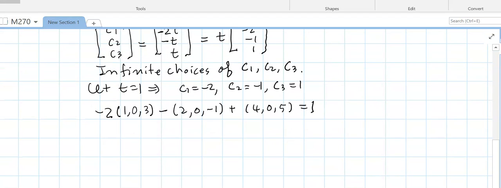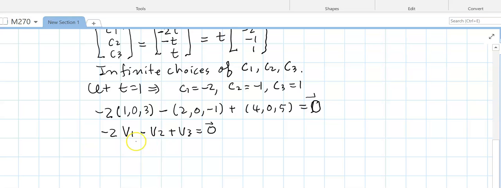In other words, -2V1 minus V2 plus V3 equals the zero vector.